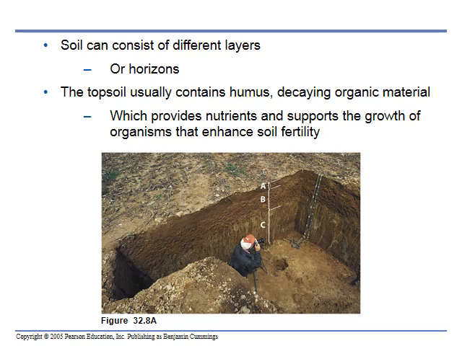Okay, and soils can consist of different layers or horizons. And the topsoil is hugely important when you look at plants. It contains something called humus. It's decaying organic material, so it's both dead stuff and like fecal matter.